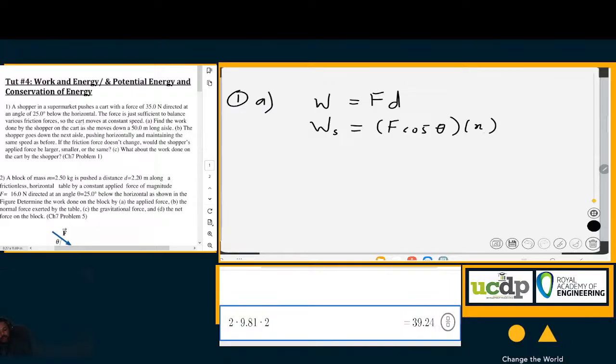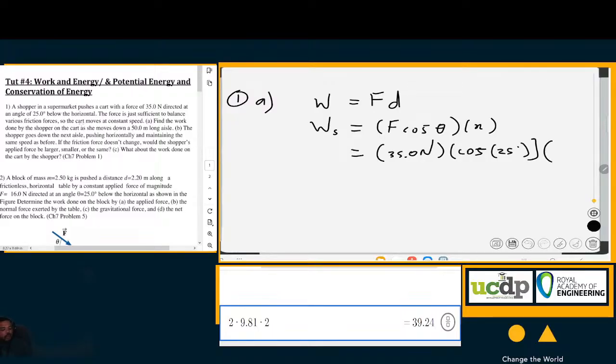x. In this case, the force is how much force is being applied? 35 newtons, 5.0 newtons times the cosine of theta, which is 25 degrees.